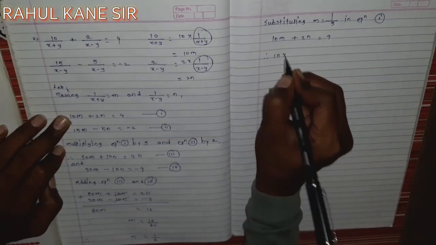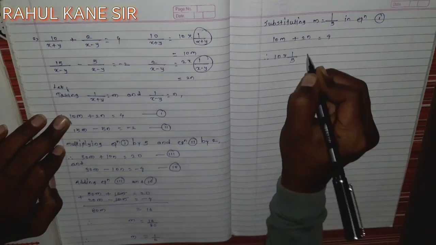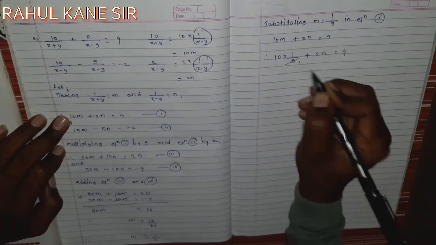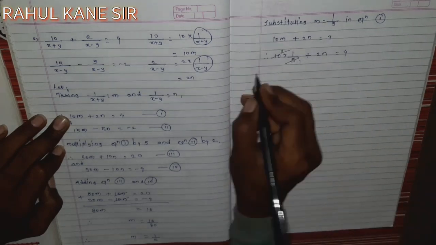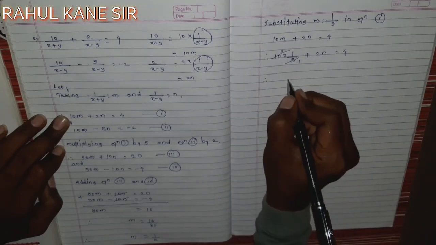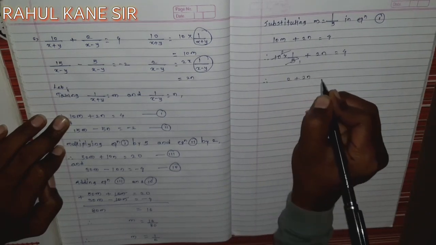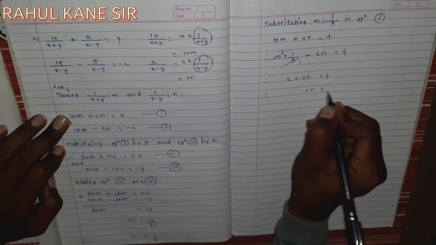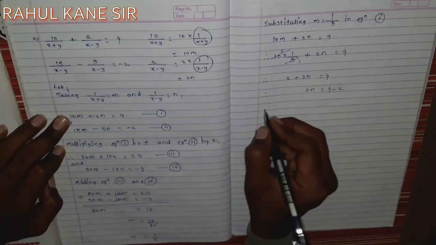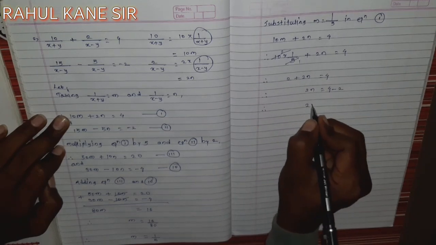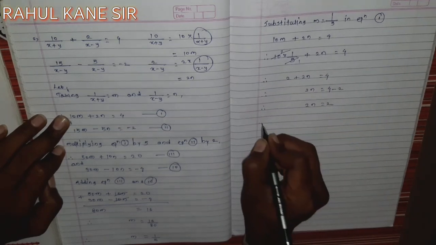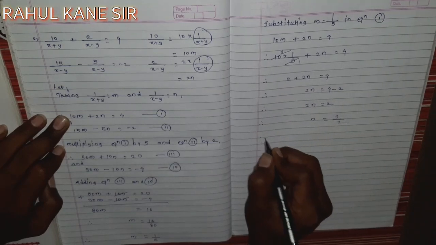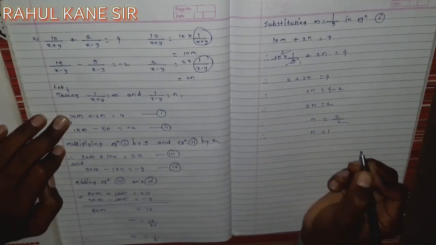Therefore 10 multiplied by 1 upon 5 plus 2n equals 4. 5 1s are 5, 5 2s are 10. Therefore 2 plus 2n equals 4, so 2n equals 4 minus 2. Therefore 2n equals 2, so n equals 2 upon 2. Therefore n equals 1.